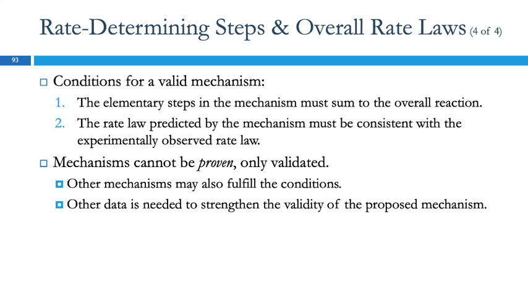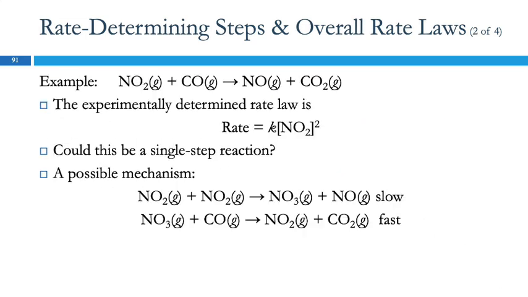Will the question on the test be whether this is a valid mechanism or not? Yeah. A possible exam question would be giving you the overall chemical reaction and the experimentally determined rate law, and asking, is this a valid mechanism? And so for the two conditions, you'd have to determine: when I add these together, do I get that?